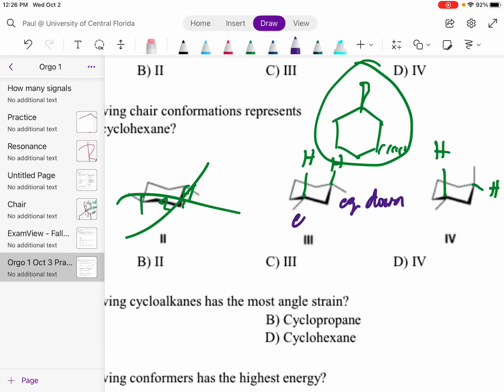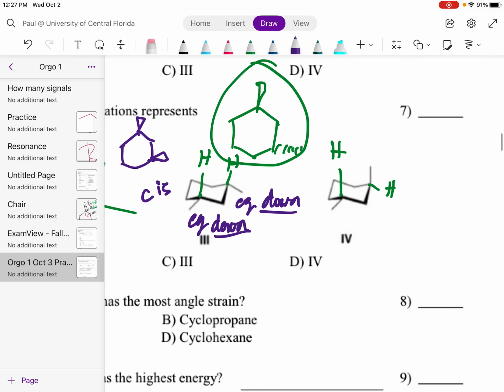And then this equatorial bond right here, that is also down. So because they're both down, that means they're going to be cis. So that structure that we're working on would look like this. But then when we look at this axial bond right there, that is up.